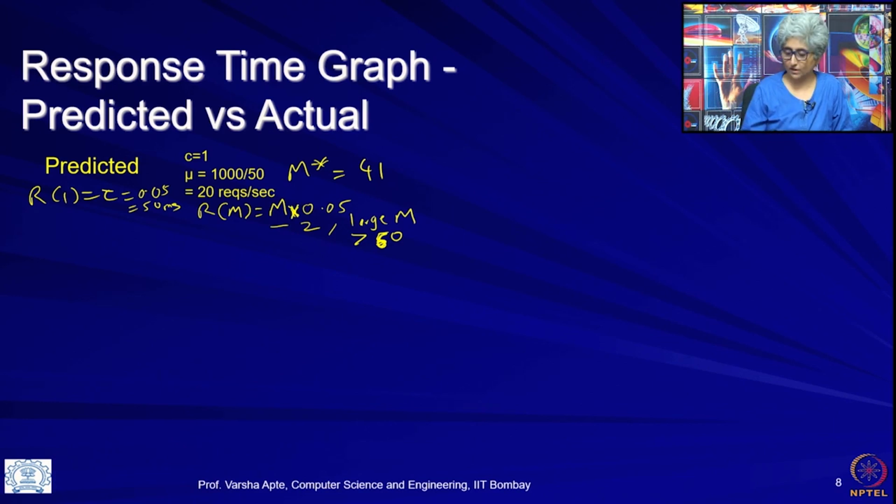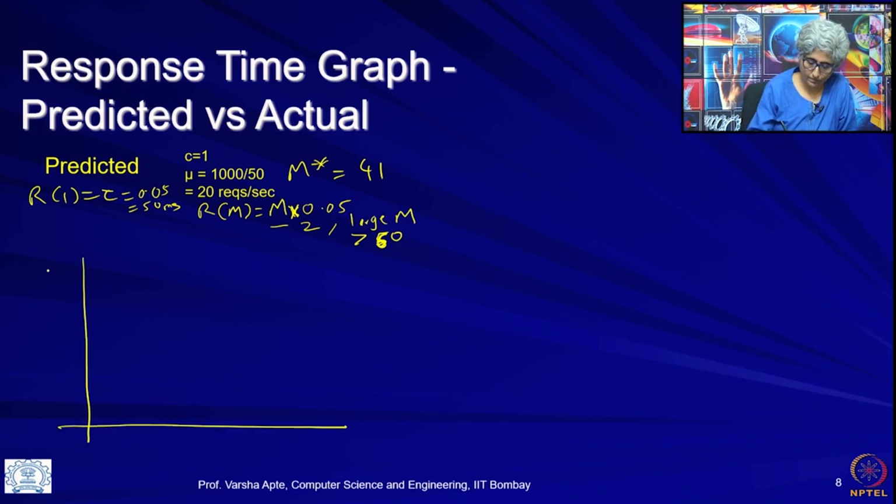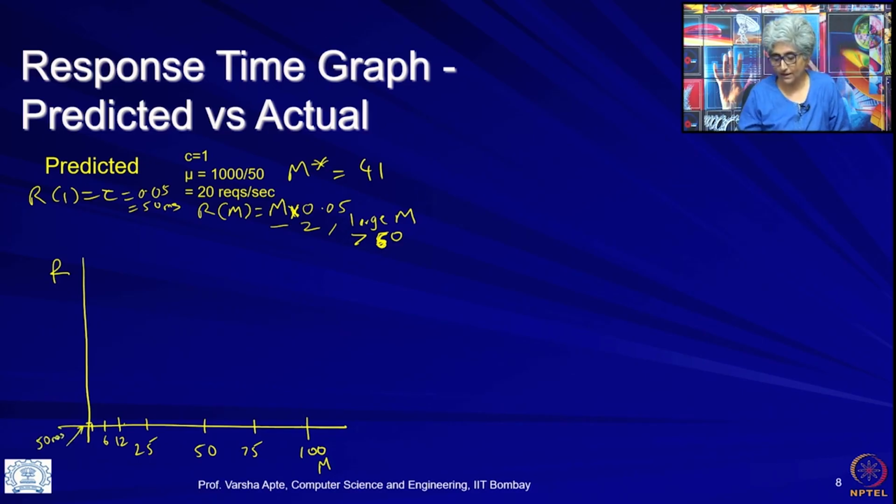So, we can draw the graph accordingly, right. So, let us do that. This is R, this is M, again I am just going to draw 100, 50, this 75, 25, 12, somewhere around 1. We know that this should be, if we are doing this in milliseconds, then it will be some 50 milliseconds, and let us plug this in for 60 and see what happens.